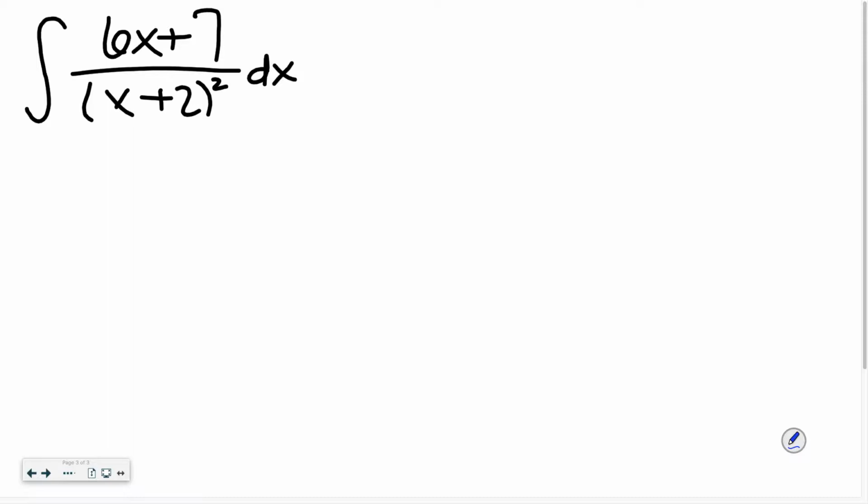But can't you just use x plus 2 as u and substitute the x on the top with u minus 2 equals x? Is that not possible? Yeah.